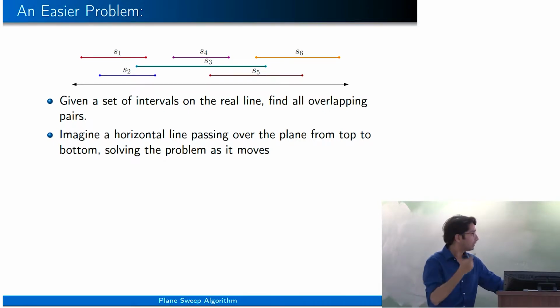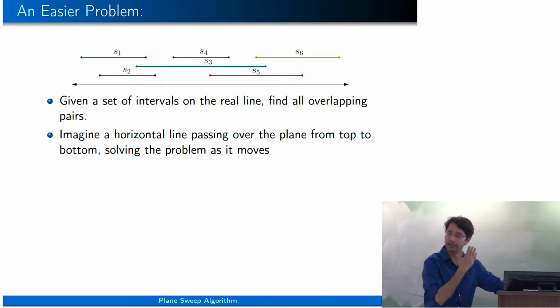Right? Then what point will I encounter? The left end point of S3. I know that S1 has started, S2 has started, but none of them has finished. So S3 must intersect S1 and S2. Then which end point will I find? The right end point of S1.